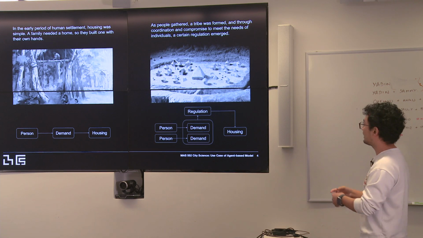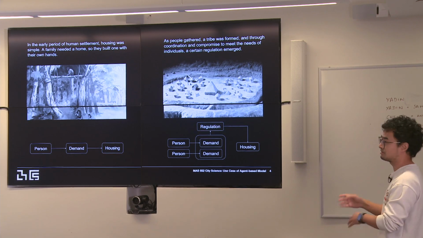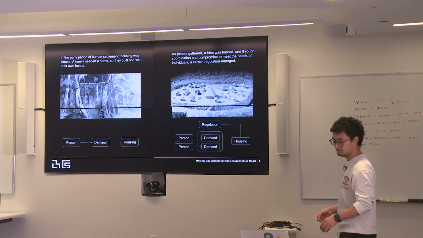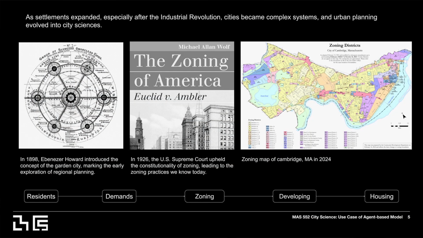Like people deciding to build the larger, higher-class housing in the center, and the defense housing at the edge. As settlements expanded, especially after the industrial revolution, cities became more and more complex systems, and urban planning evolved into city science, which we are starting now.